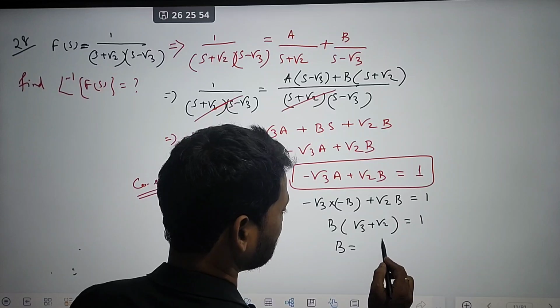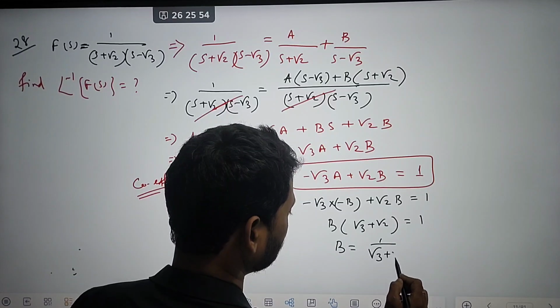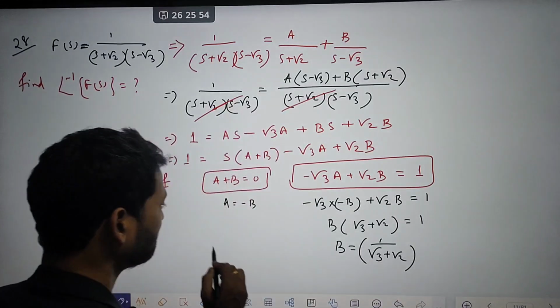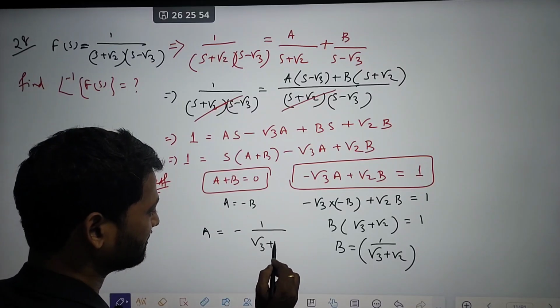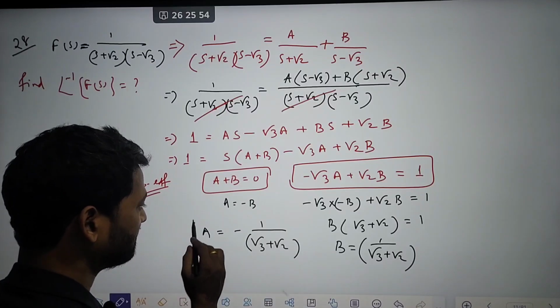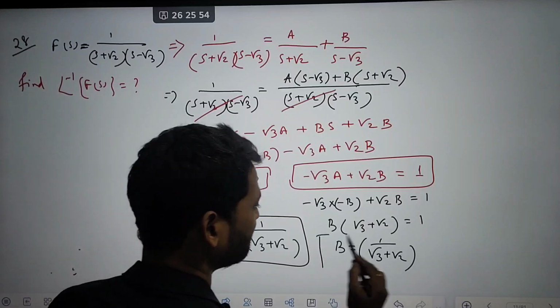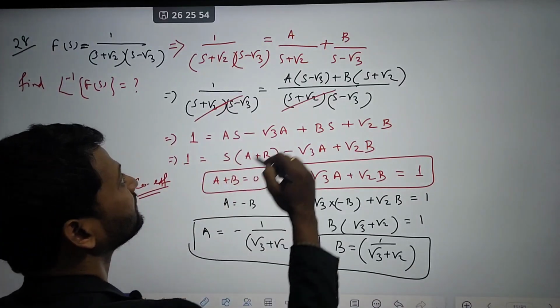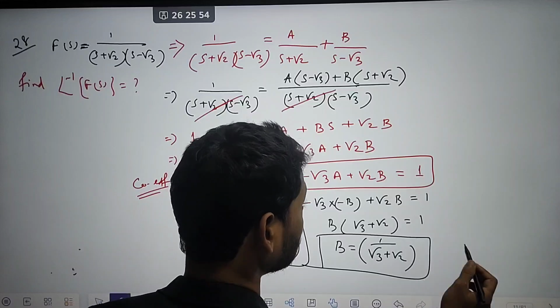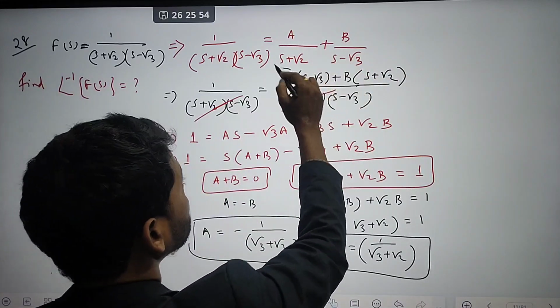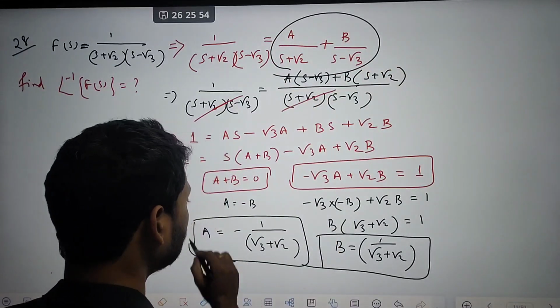B is 1 by (root 3 plus root 2) and A is minus 1 by (root 3 plus root 2). Okay. So now you are getting A and B. So here we can put that value. Again I am writing, our question is this one. Okay, you put that value.